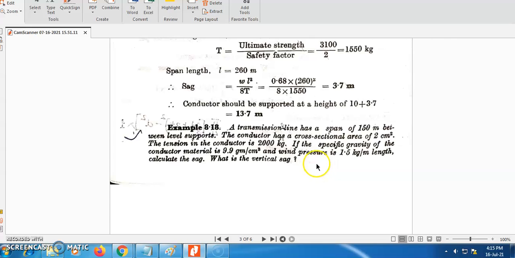If the specific gravity of the conductor material is 9.9 gram per centimeter cube and the wind pressure is 1.5 kg per meter length, calculate the sag. What is the vertical sag? So here wind pressure is included.